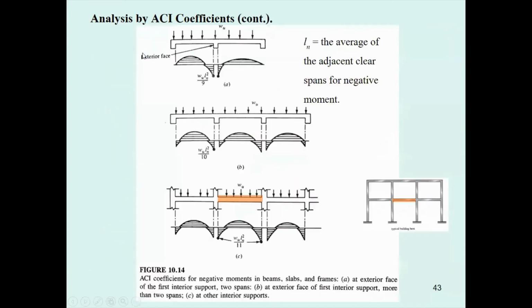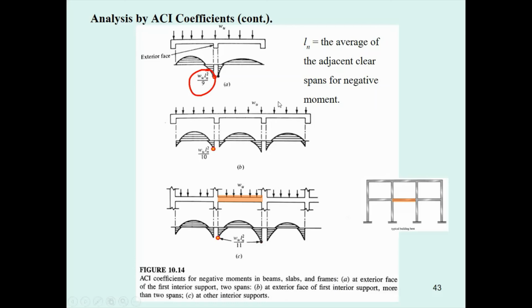For the negative moment, you may use the coefficient for each case, and we may notice that the largest one is going to be WL square over 9, which is a little bit less than the largest moment occurring in a simple beam, which is WL square over 8.